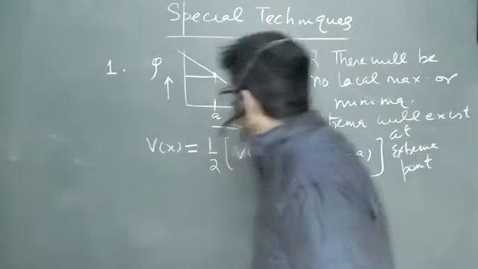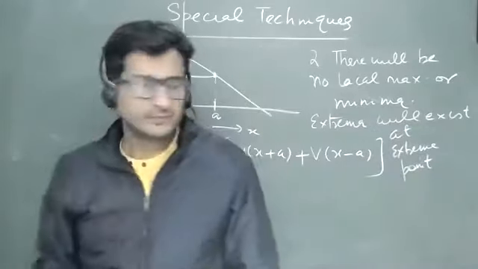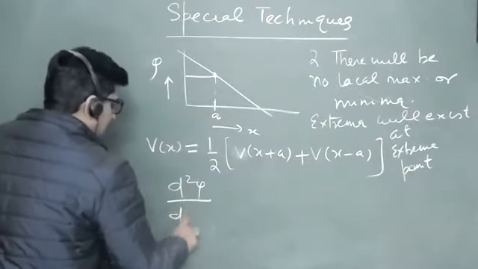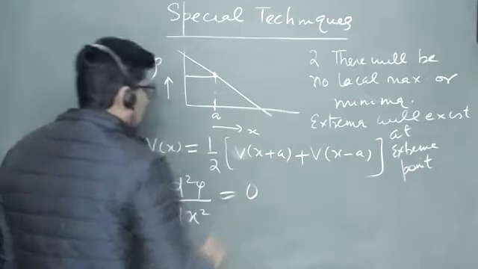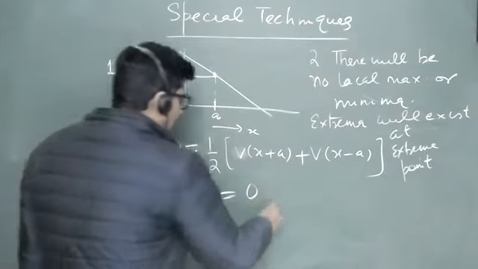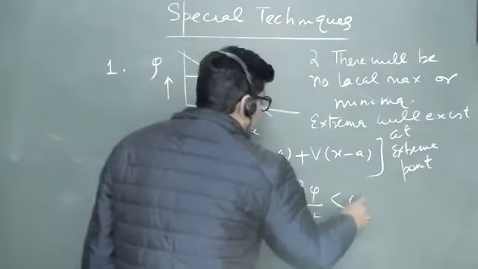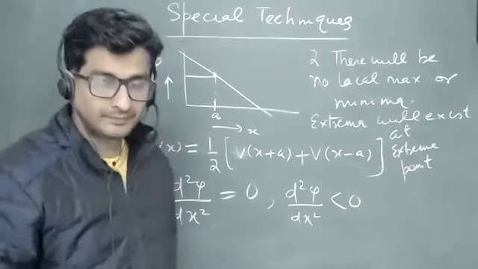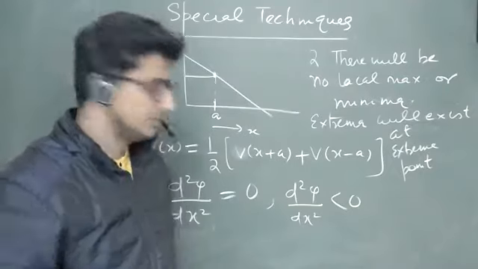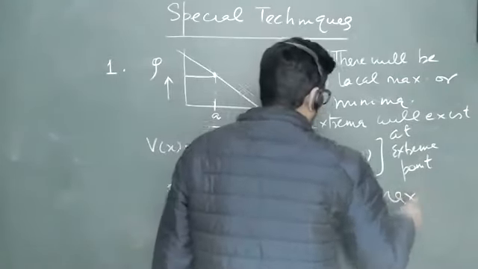And I can explain you this in another way also, because you are claiming that d2 phi by dx2 is equal to 0. एक और मैं थोड़ा आइडिया आपको दे सकता हूं, बट होता क्या है कि d2 phi by dx2 is less than 0, that means maxima.